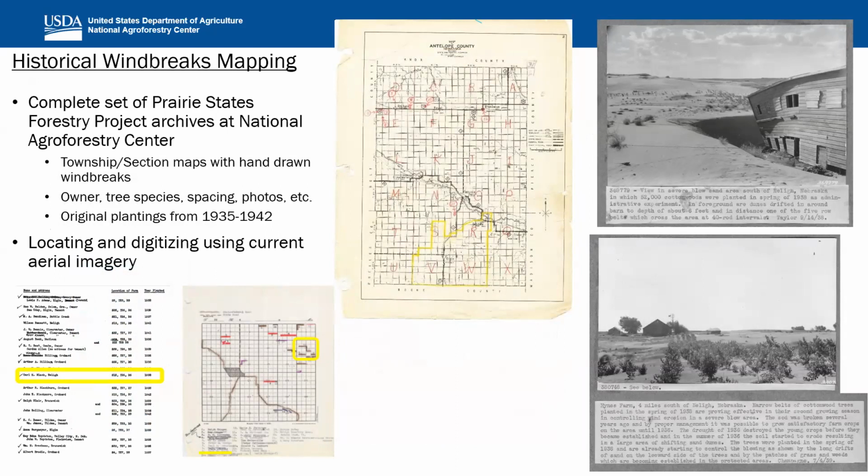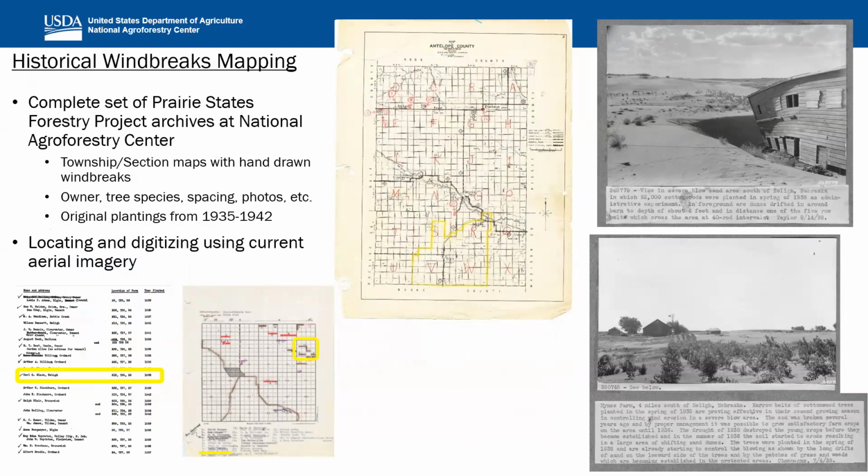So I wanted to just talk a little bit about some undertakings that we've been involved with to archive some of this material. Thousands of photos, hand-drawn maps, and other materials are currently being digitally archived by partners at the University of Nebraska.